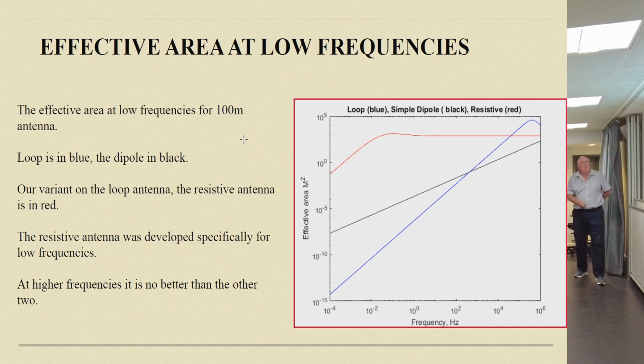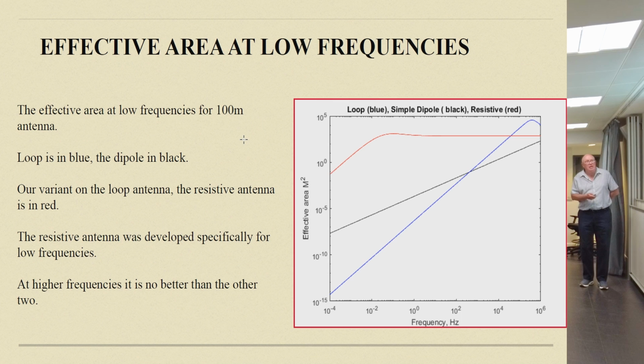Right, now if you look at the effective area at low frequencies, and just put in a 100-meter antenna, you can see straight away with the frequency, at this low frequency, the loop and the dipole, their effective area drops right off, obviously.